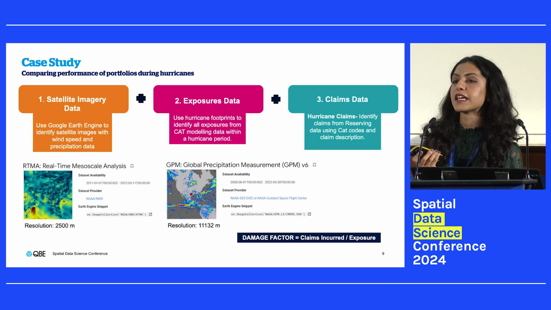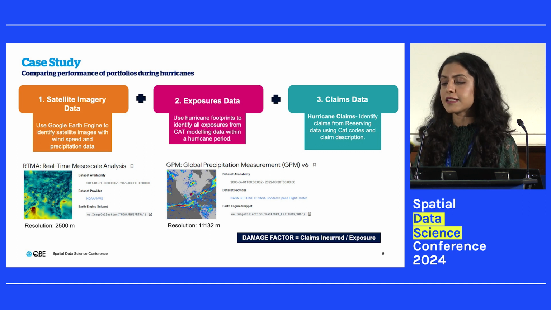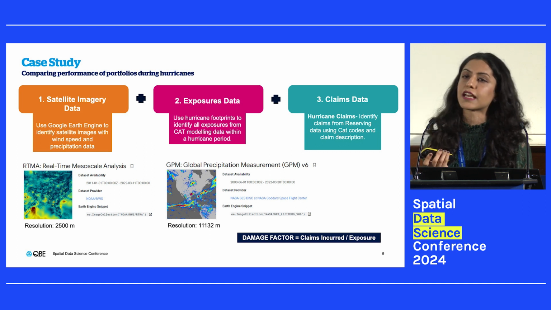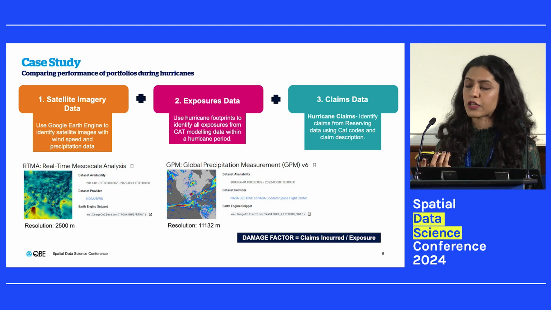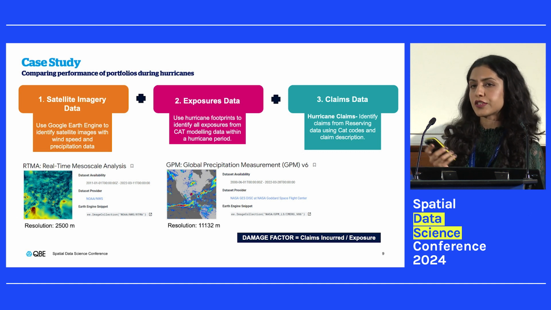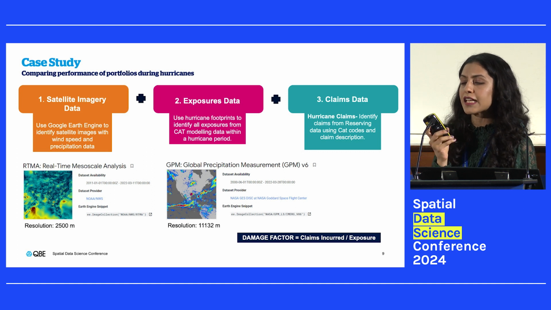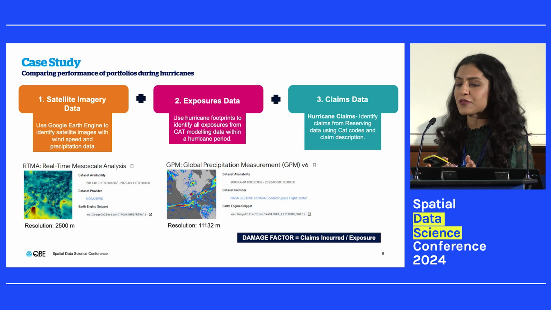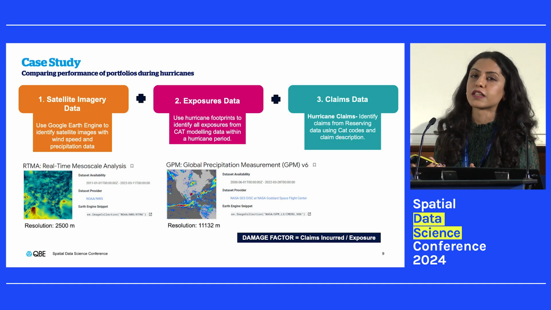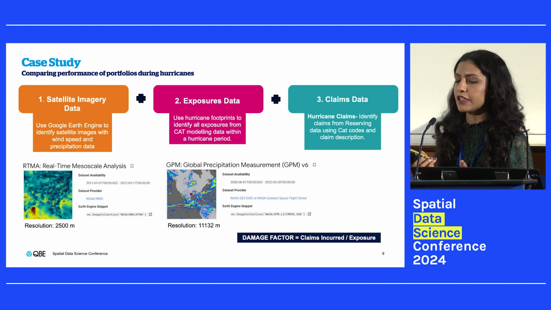The first one is just an hourly analysis of the weather conditions near the Earth's surface, which gave us wind speed information, and the second one included an hourly analysis of snow and rainfall taken at 3-hour intervals using a satellite mission.